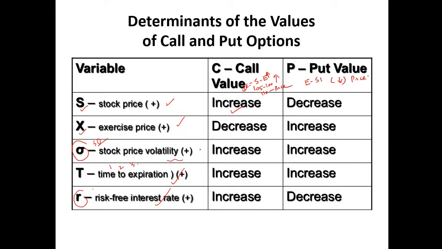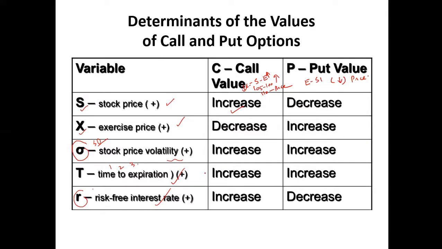Greater the volatility, greater the likelihood that the price may move. If a stock has very narrow volatility, the chance of an option which is out of the money becoming profitable, in the money, is very low. So the greater the volatility, the greater the chance that the value of the option will increase.